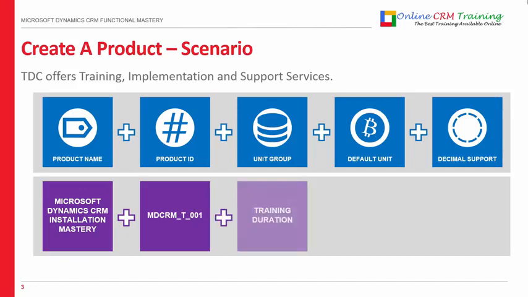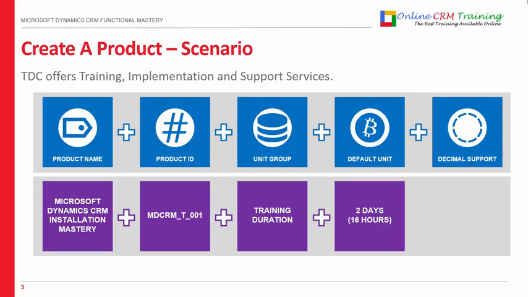The unit group we created in the last video, so I'm using the same one. It's called training duration because the training will be delivered in duration. The training will be delivered in 2 days, so it means it's 16 hours. I need to choose the default unit. Here I'm going to choose hours because it is 16 hours.